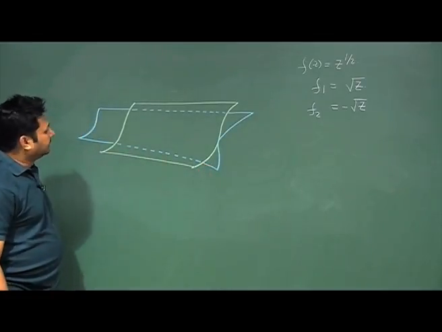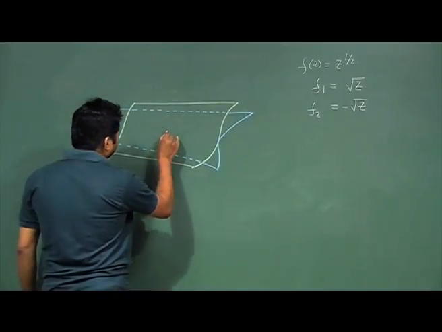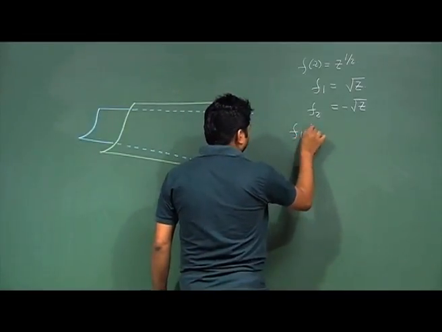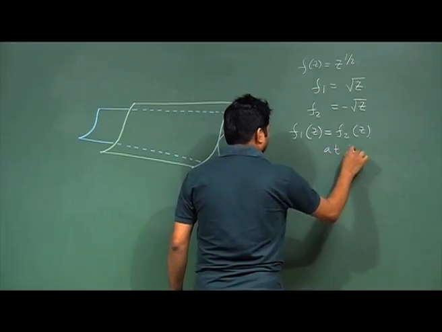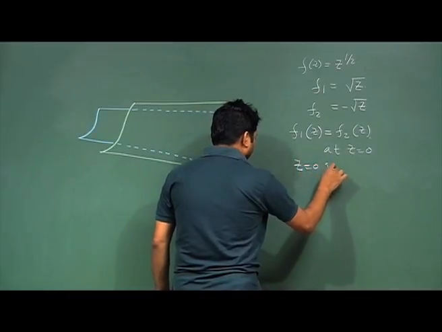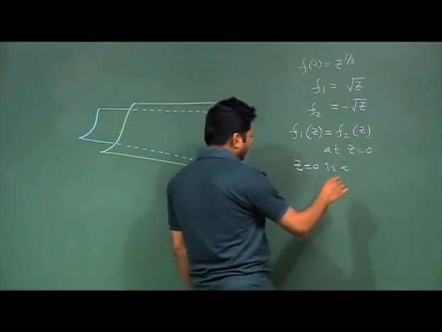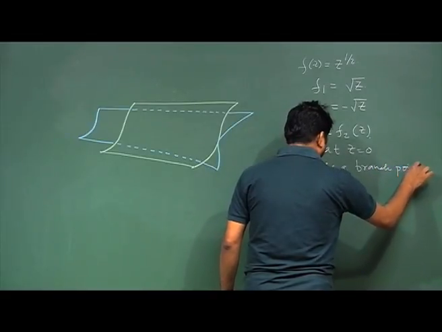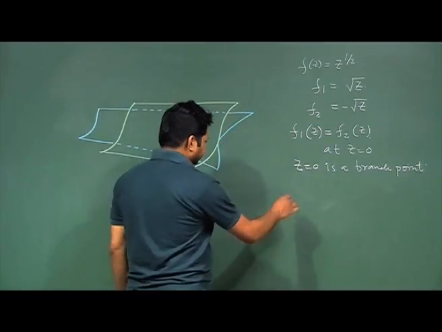It is something like this. Let me draw one important thing: this function f1(z) will be equal to f2(z) at z equal to 0. So, z equal to 0 is a point which we call the branch point. And also z tends to infinity is another branch point.